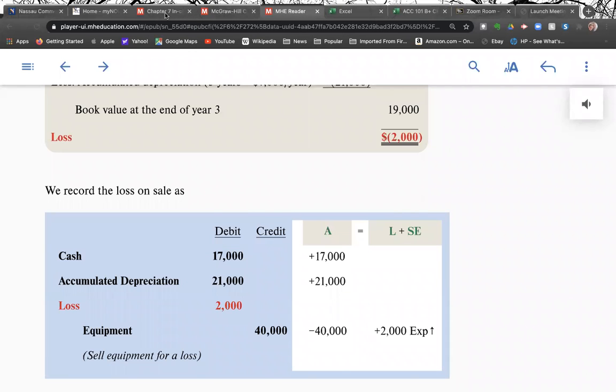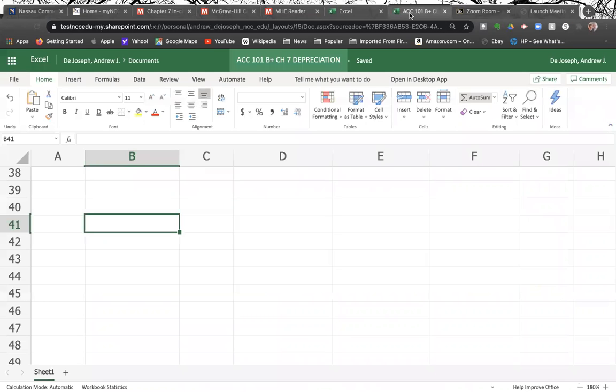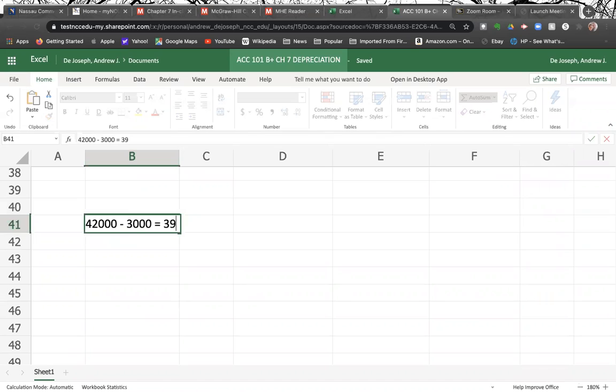The tractor originally cost 42, has a residual of 3. 42,000 minus 3,000 equals 39,000, right? So the depreciable cost is 39,000 and it has a 5-year life. What's 39,000 divided by 5? It's 7,800. So depreciation is $7,800 a year.